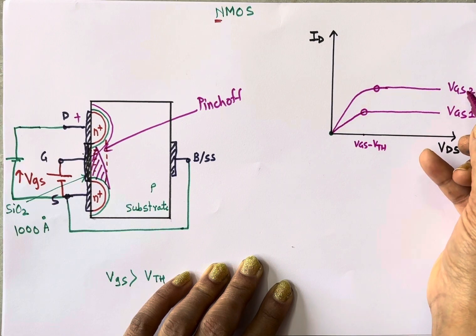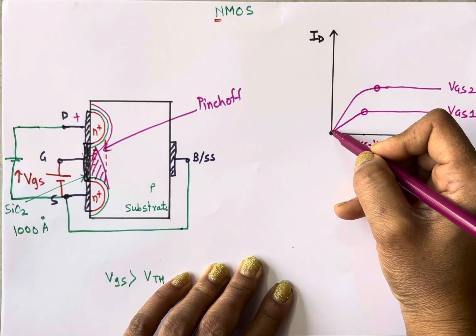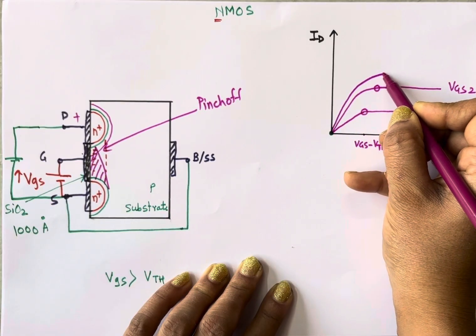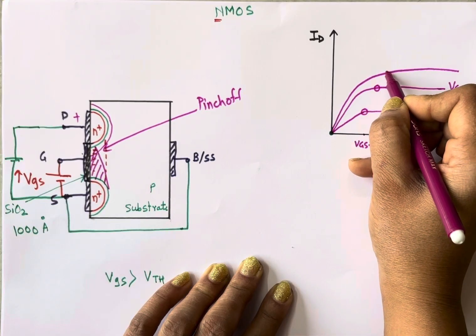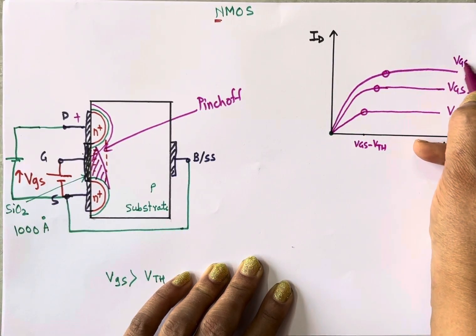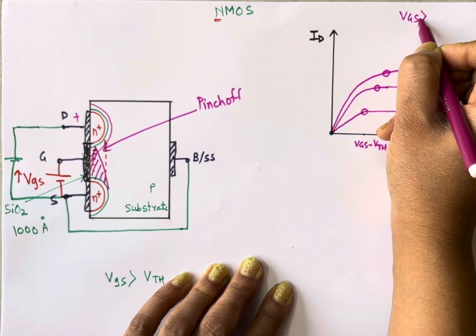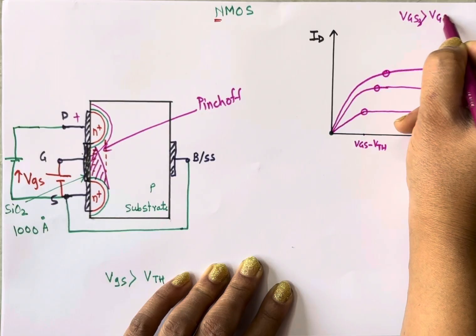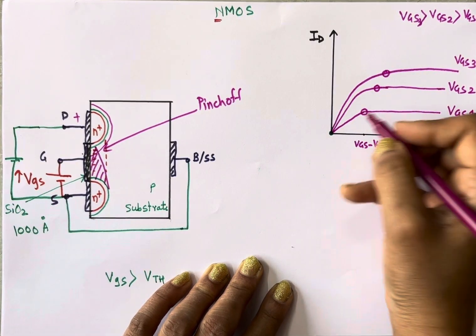So here VGS2 is greater than VGS1. When we further increase the voltage between gate and source, again current increases and then remains constant. So this is VGS3. You need to remember VGS3 is greater than VGS2, which is greater than VGS1.